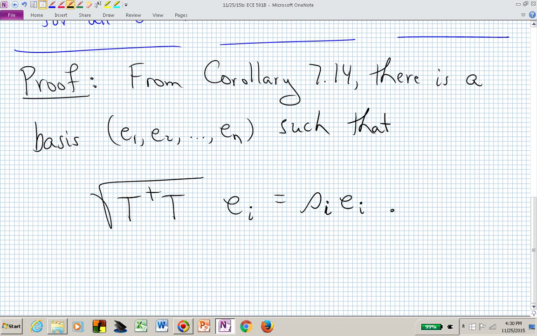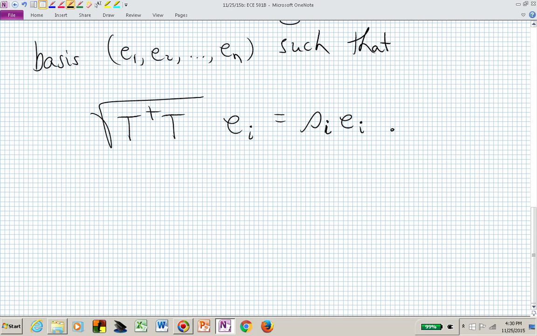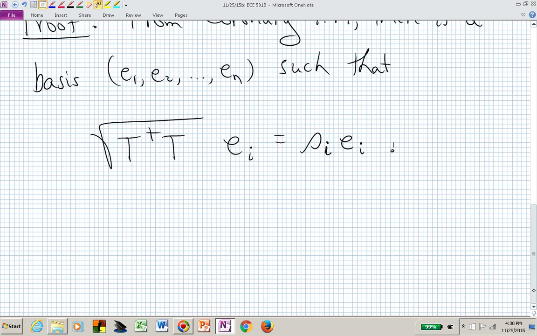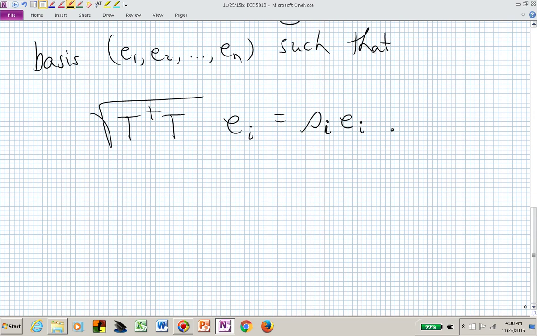Basically, these are the eigenvectors of this positive square root of T dagger T, and the eigenvalues are these singular values s sub i, where these scalars s sub i are in fact the singular values of the original map T.